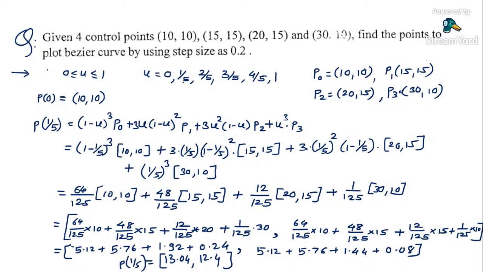Similarly, you can calculate for 2 by 5, 3 by 5, 4 by 5. P of 1 is already known, that is nothing but the last point, (30, 10). So we will go for the next, P of 2 by 5.